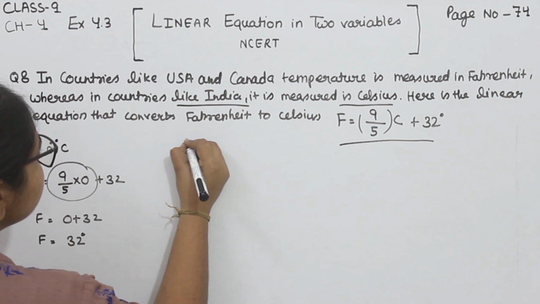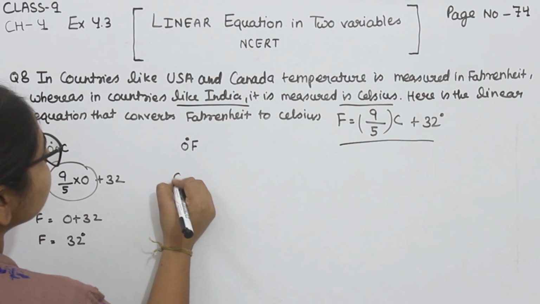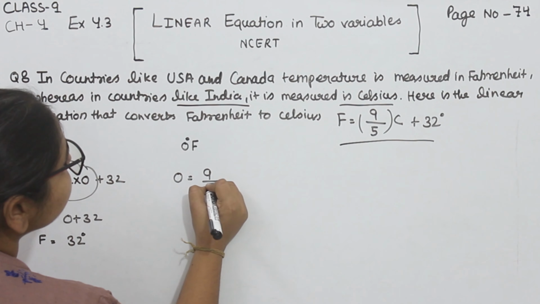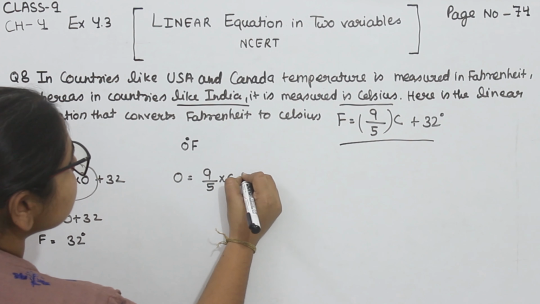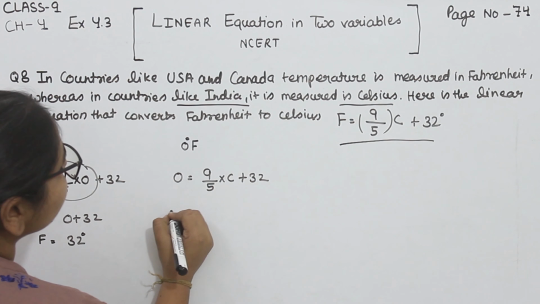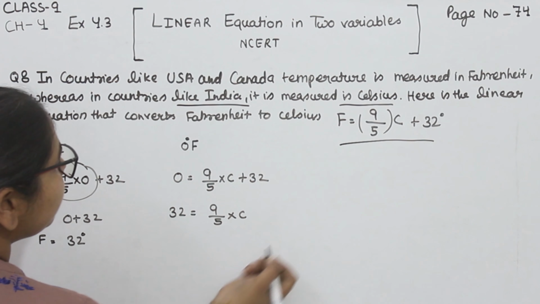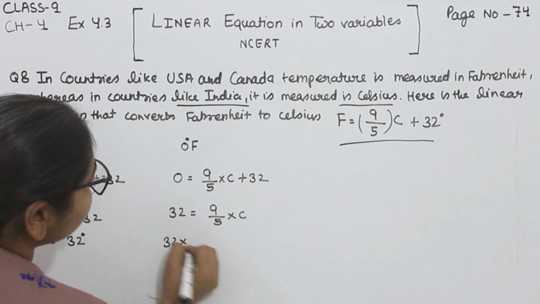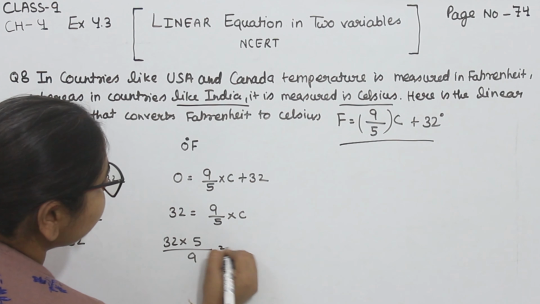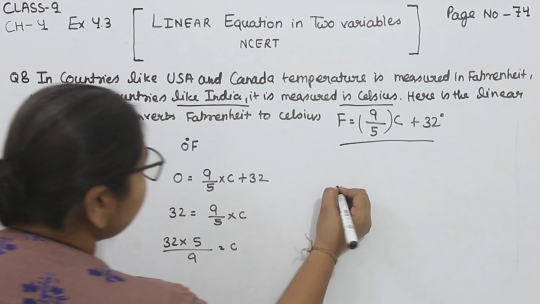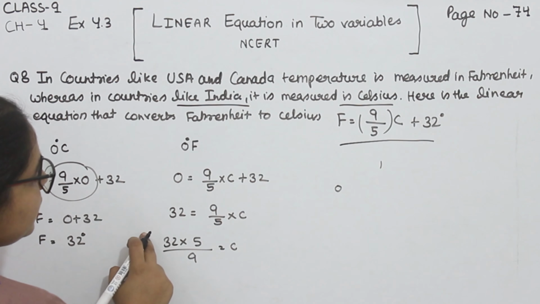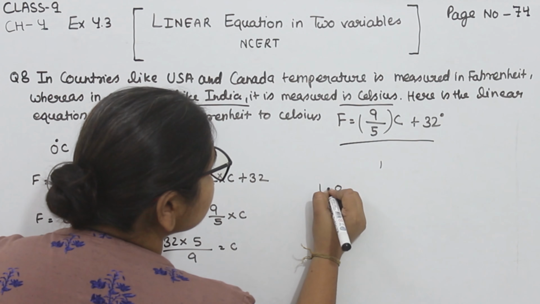Now the temperature is 0 degrees Fahrenheit. And 0 is equal to 9 by 5 multiplied by C plus 32. Now 32 is equal to 9 by 5 multiplied by C. Now 32 multiplied by 5 divided by 9. 5 2s are 10, carry 1, 5 3s are 15 and 1 is 16.